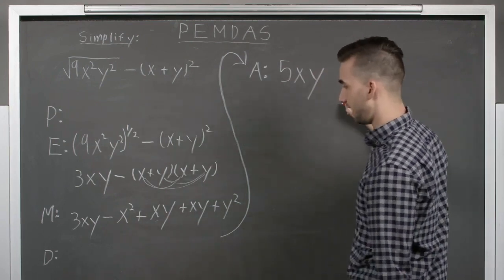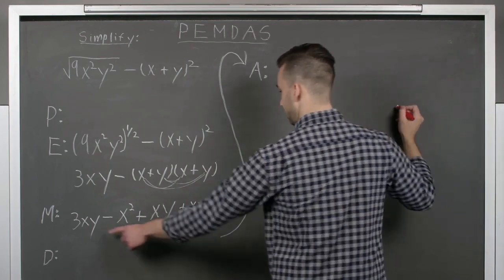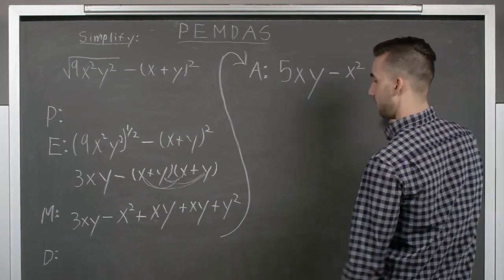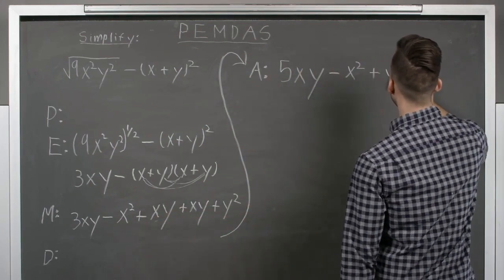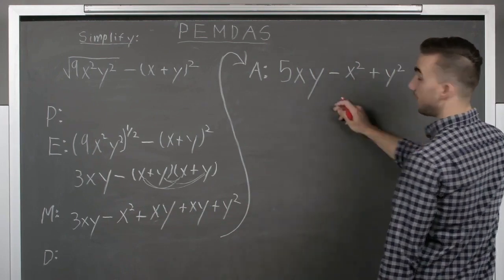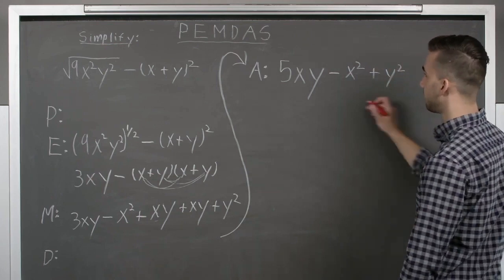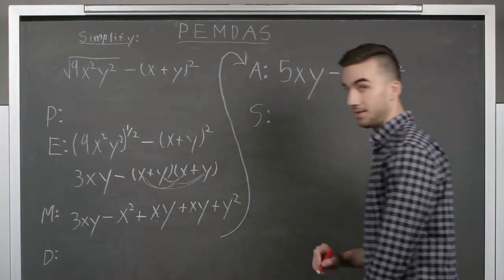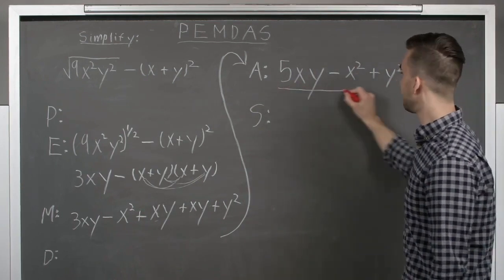Because we're just adding them because they're like terms. So 5xy minus x squared, and then plus y squared. Anything else we can add? No. So that's our addition step. Let's do our subtraction step. Anything we can subtract? No. So this is our solution.